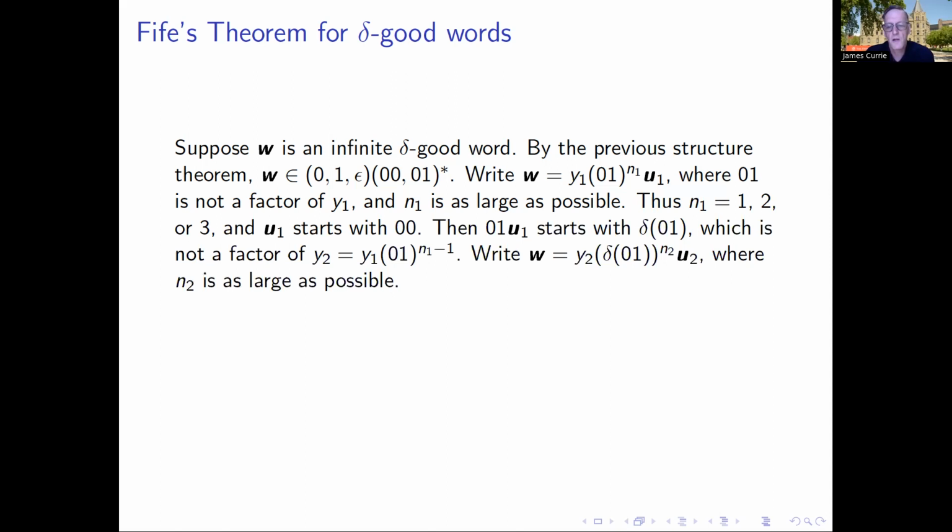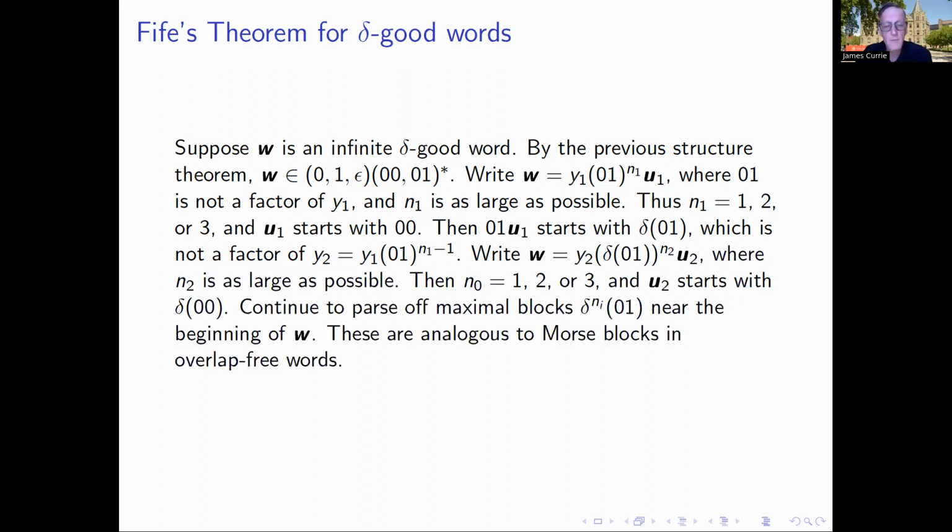So let's write W equals Y2 delta of 0, 1 to the N2, U2, where N2 is as large as possible. N2 should be 1, 2, or 3. And U2 starts with delta of 0, 0.